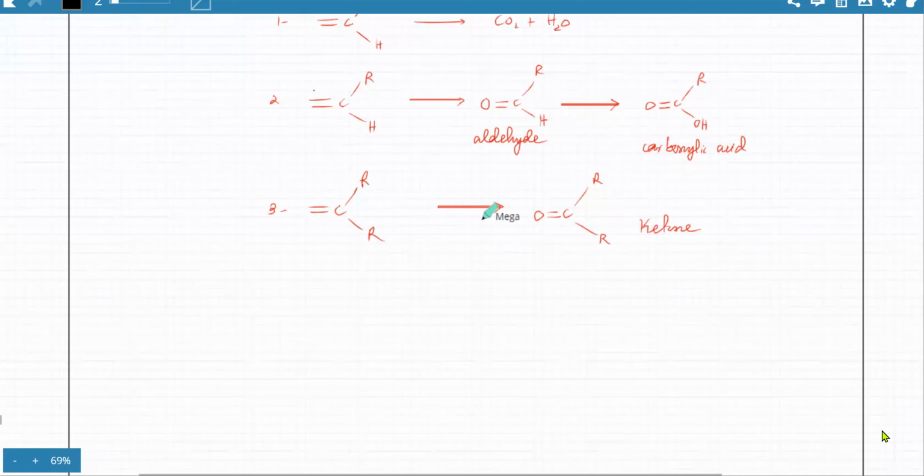So let's try and do an example of the same molecule. Let me draw a different molecule now. So I have a molecule which is, so this molecule.